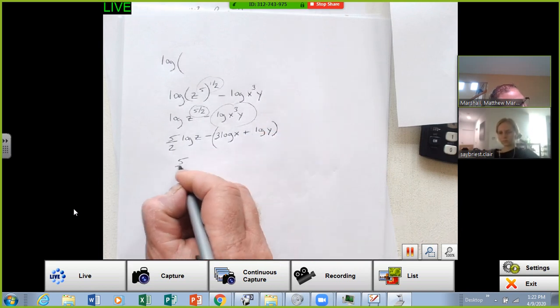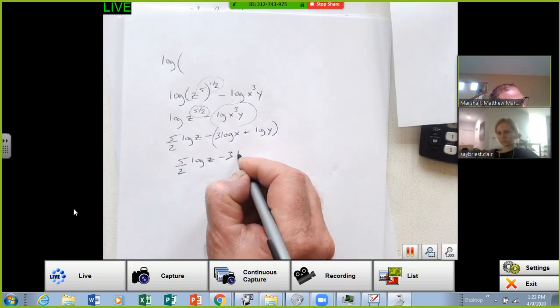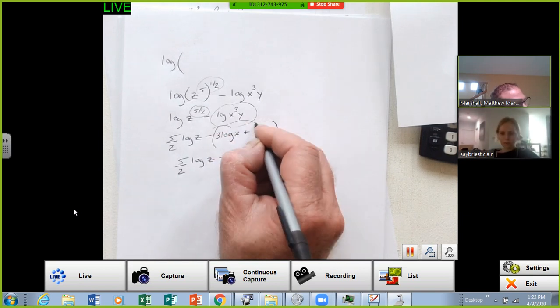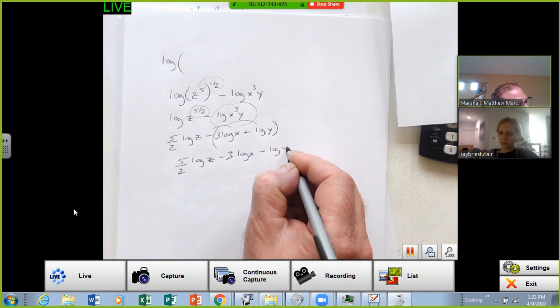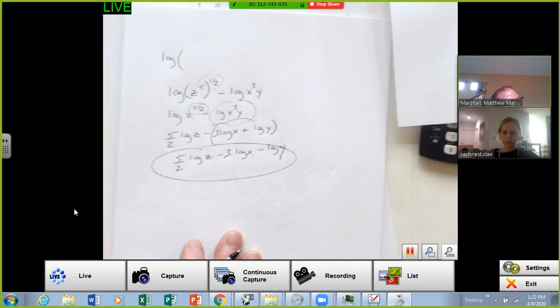So it ends up being 5/2 log z minus 3 log x minus, because that minus distributes, log y. Hold a moment. I think that's good. 5/2, yes.